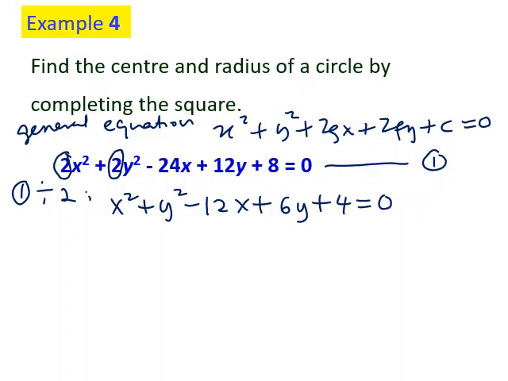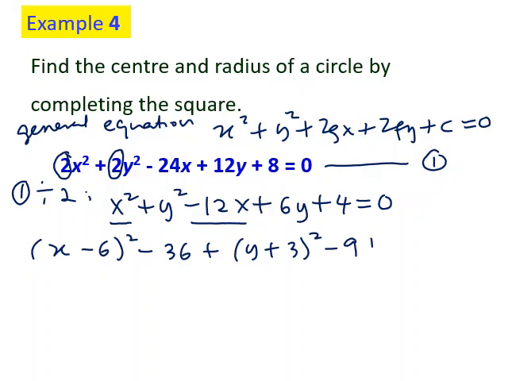By completing the square on x and y, we look at x^2 - 12x, so (x - 6)^2 - 36, plus (y + 3)^2 - 9, plus 4 equals 0.